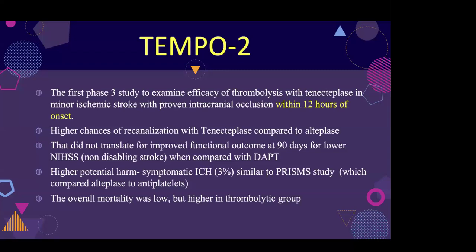Rather, there was potentially more harm in terms of symptomatic ICH, which was about 3% higher. This result was pretty similar to what they saw when they compared alteplase to antiplatelets in the PRISM study. The overall mortality was low, but slightly higher with thrombolytic, though not significantly.